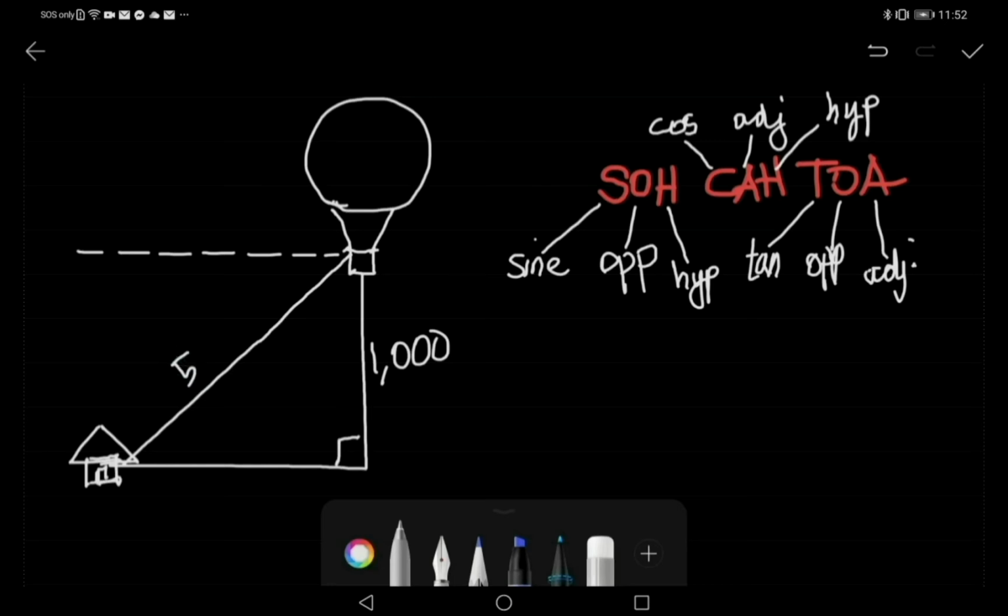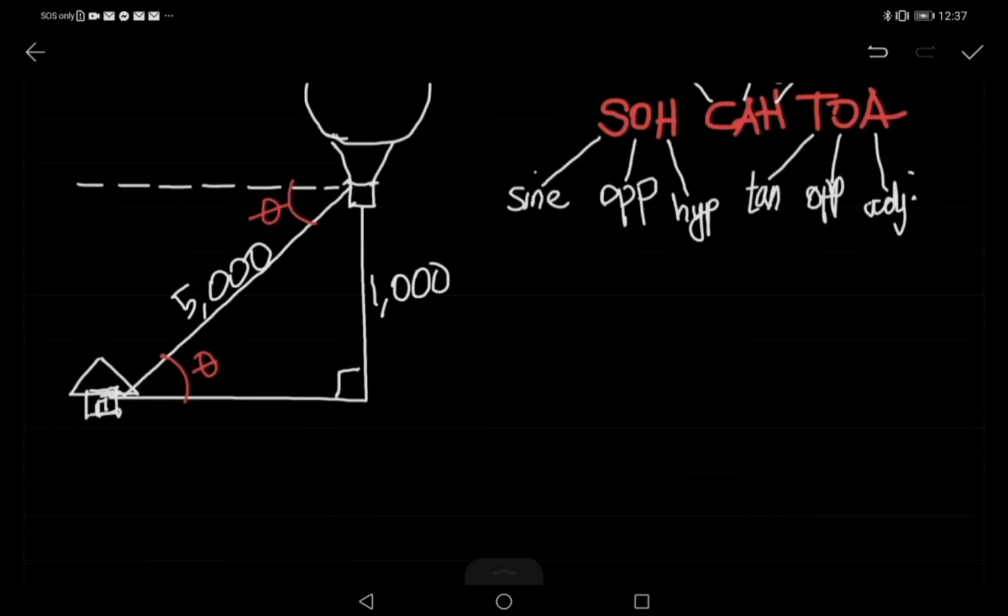So this is 5,000. From the trigonometric ratios SOHCAHTOA, we are going to use the sine ratio because it involves opposite and hypotenuse. So we will solve the problem.